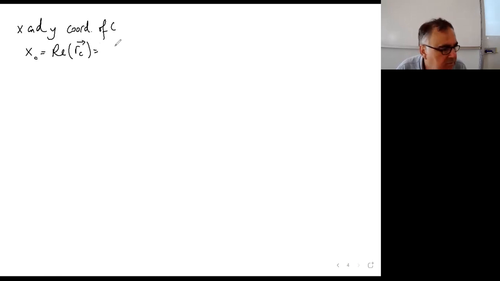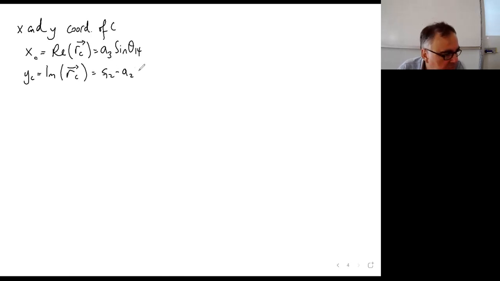We want to find the x and y coordinates, let's say x and y coordinates of C. So XC is equal to the real part of RC, which is A3 sine theta 1, 4, and YC is the imaginary part of RC, which is S12 minus A2 minus A2 cosine theta 1.